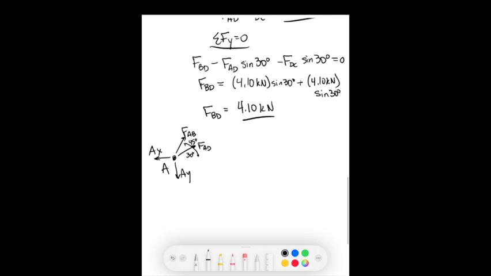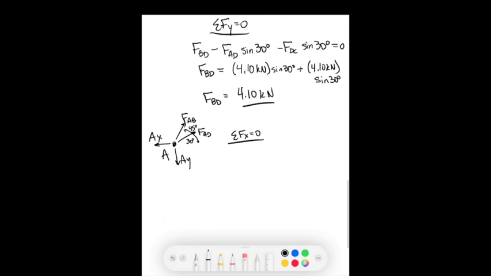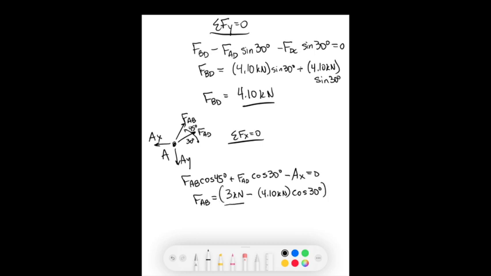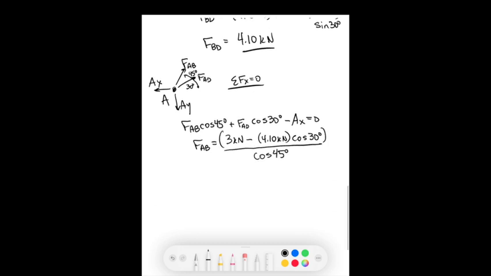So everything is known except for AB. We can set up in the x direction. In solving, we find that AB is equal to negative 0.77 kilonewtons. So it means that our assumption was wrong. I drew it in tension, so it means that it's in compression.